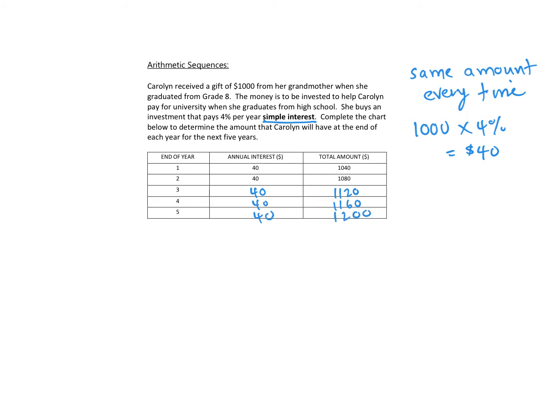So we want to see if we could figure out a formula for this sequence. What we can do is, she started out with $1,000, and then each year we're adding $40.